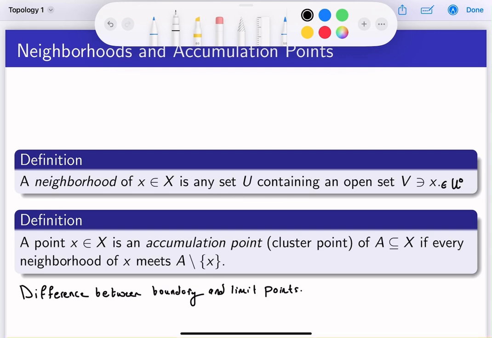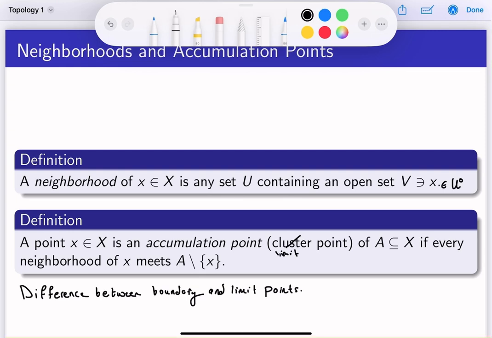There are multiple ways of defining these. Some people call them accumulation points or cluster points. I like to call them limit points, to be honest. It's a more familiar notation.